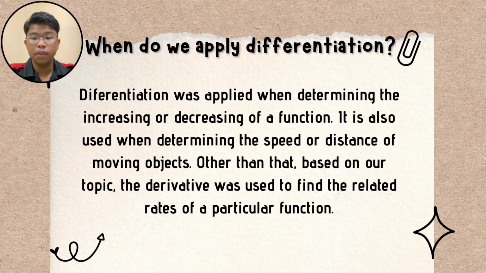When do we apply differentiation? Differentiation is applied when determining the increasing or decreasing of a function. It is also used when determining the speed or distance of a moving object. Other than that, based on our topic, the derivative is used to find the related rates of a particular function.